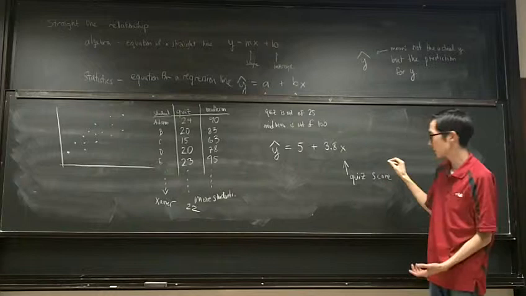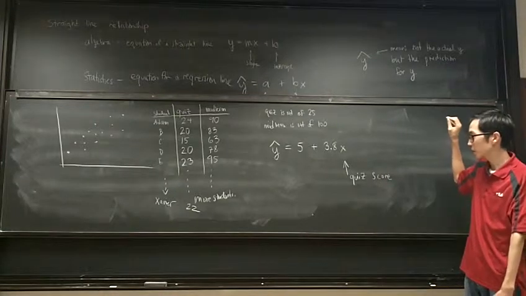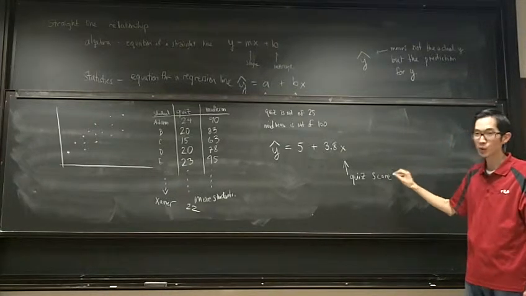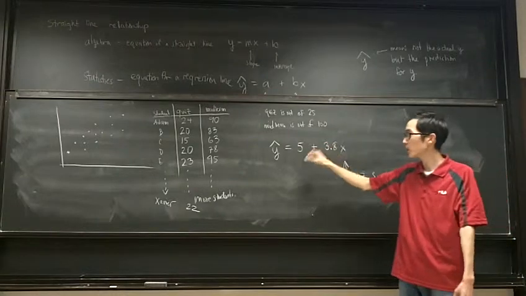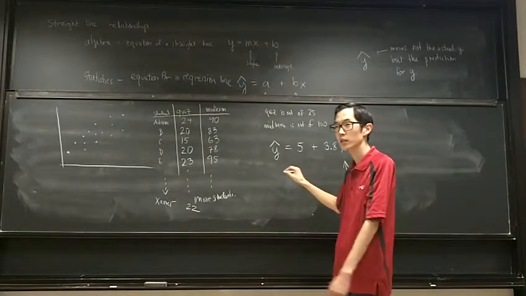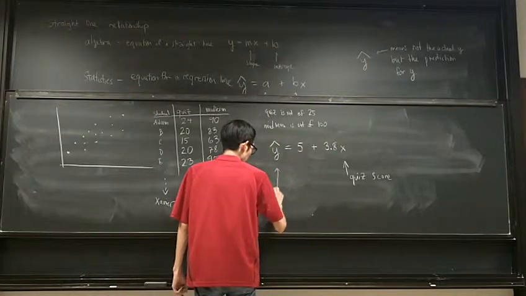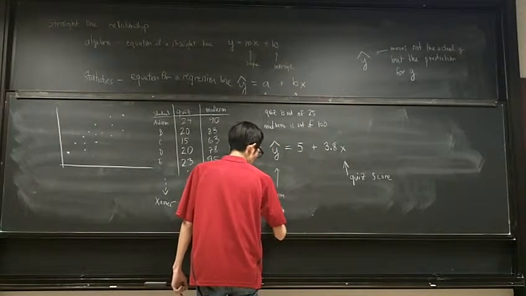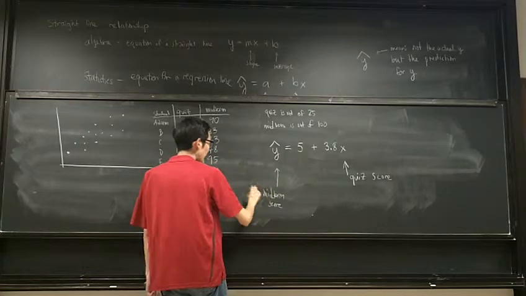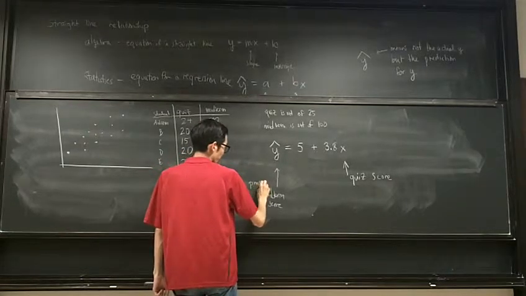So what we're saying is, based on someone's quiz score, we are trying to predict y. And what is y? The midterm score. And because there's a hat, it's the predicted midterm score.